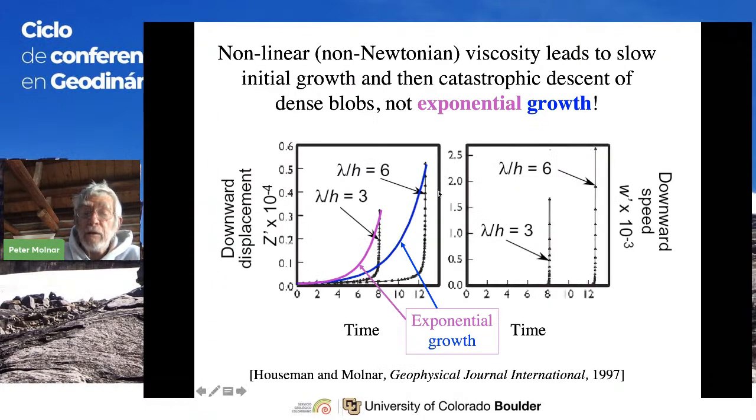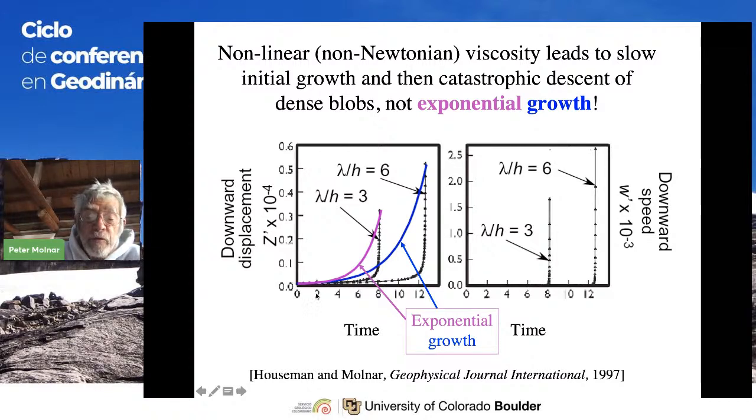And in fact, with numerical calculations, if you imagine time and the downward displacement of the sinking blob or the downward speed of the sinking blob plotted this way, if it's exponential growth, it looks like this purple curve for this particular ratio of wavelength to thickness, or this one for that one. You get these blue and purple curves for exponential growth.